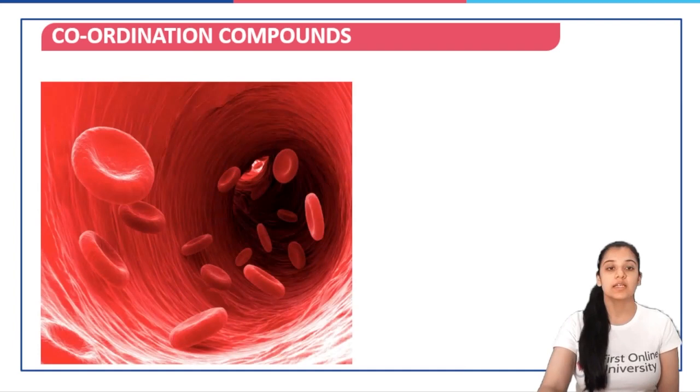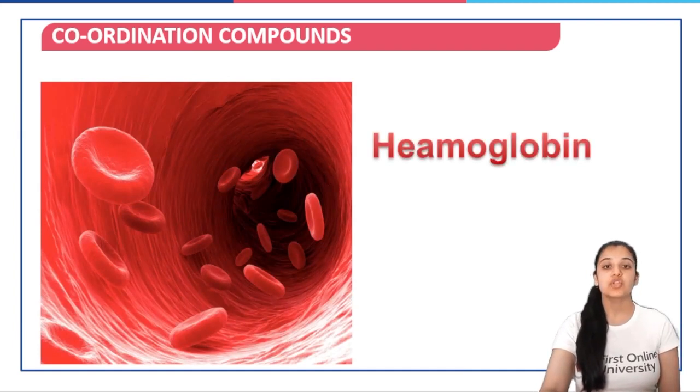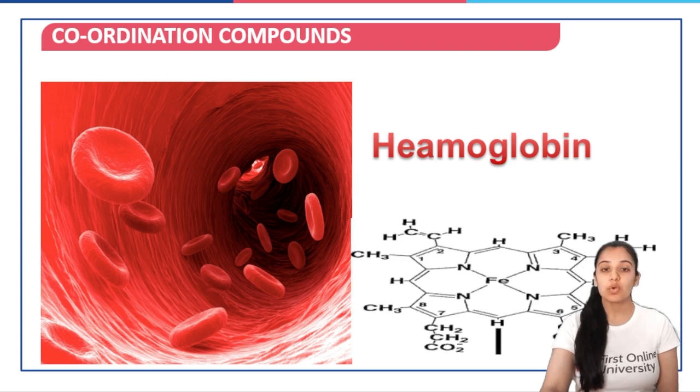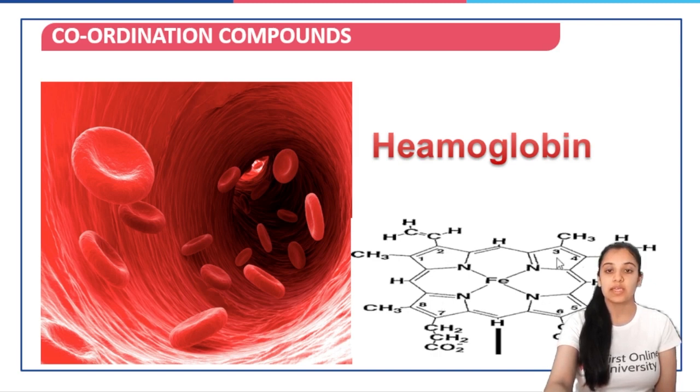Secondly, when we talk about hemoglobin, it has this structure where we have iron in between and we have porphyrin rings surrounding it. So we have 1, 2, 3, and 4.